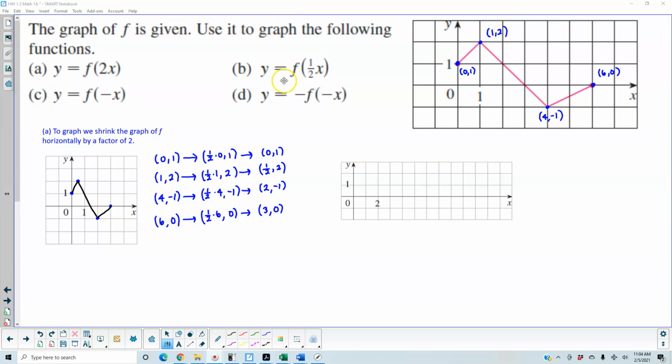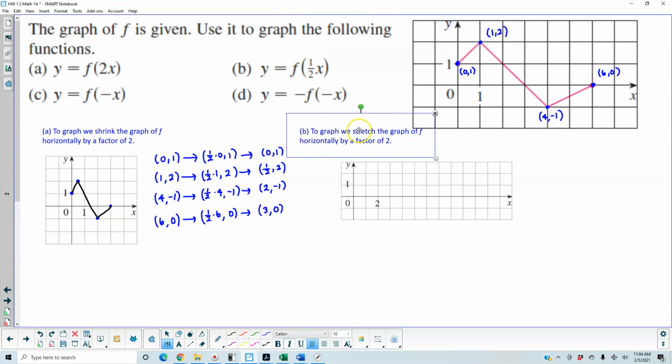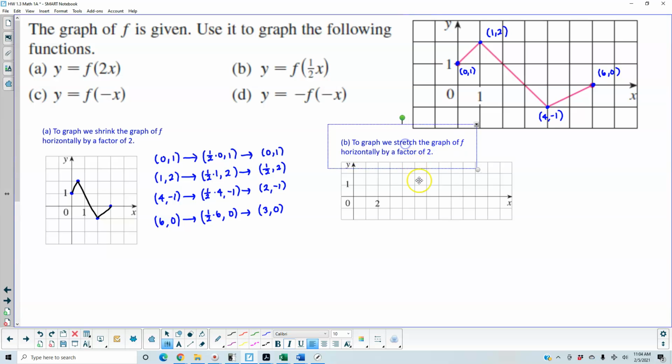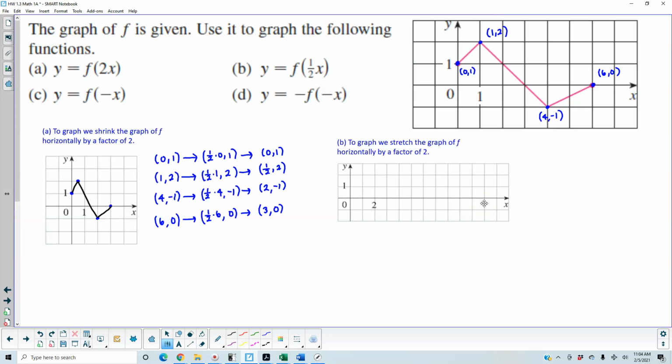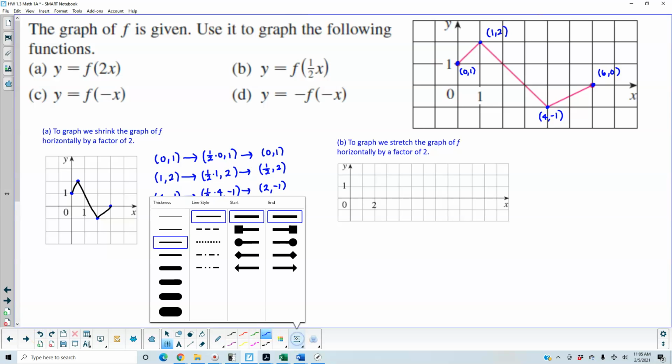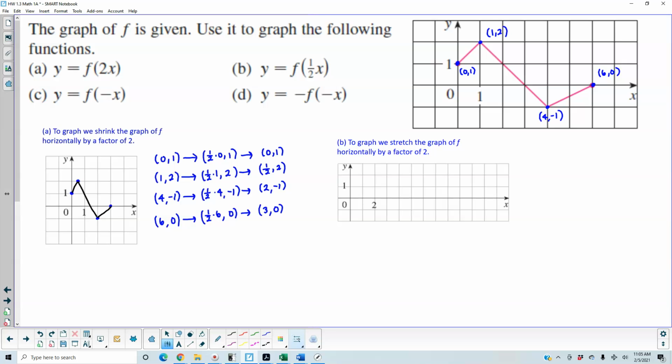For part B, we have y equal to f of 1/2 of x. So that means to graph, we're going to stretch the graph of f horizontally by a factor of 2. So that means that we're going to take each point, so we're going to take 2 and multiply it by the x value.